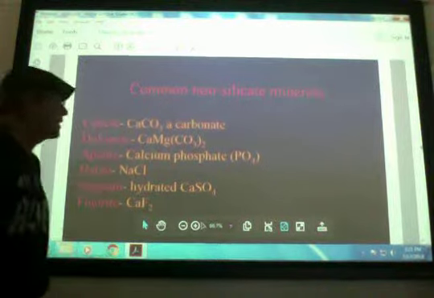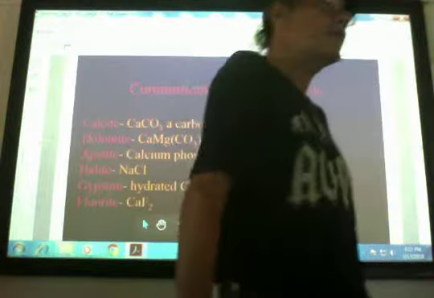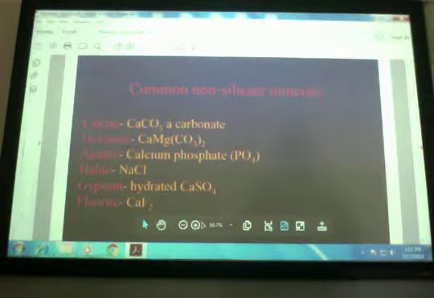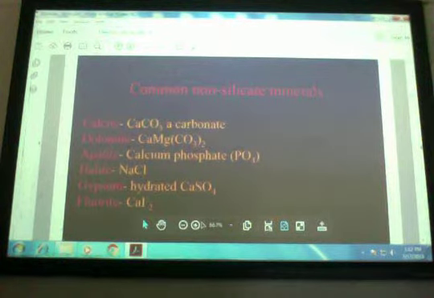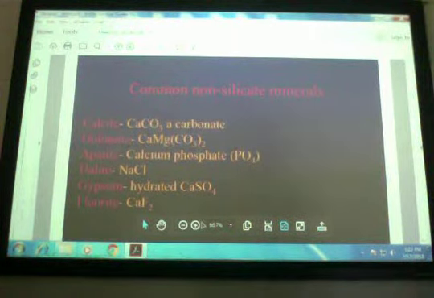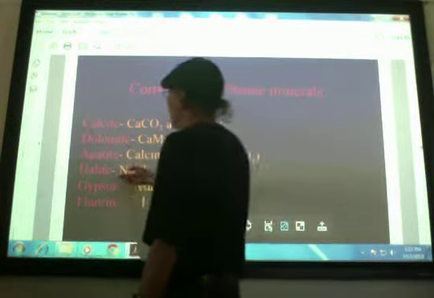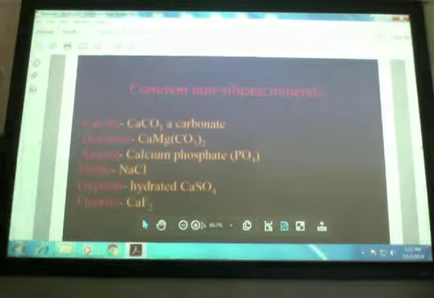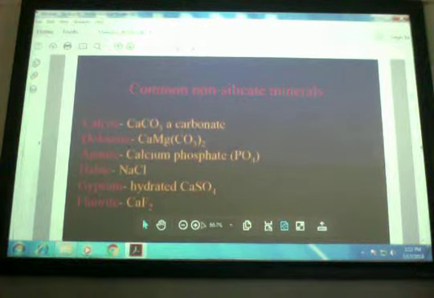Then we have the apatite. That is the stuff that you are always carrying around with you. Then we have the halite, and halite, you know, you are using every day, most of the time that is just salt, yeah? That is the stuff which you are putting in your soup.